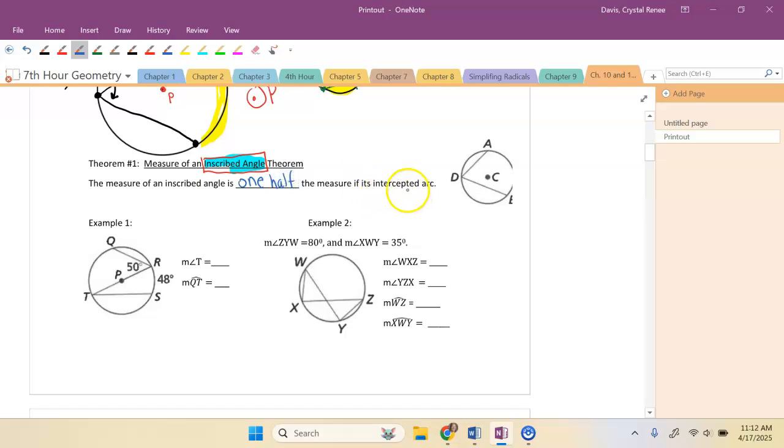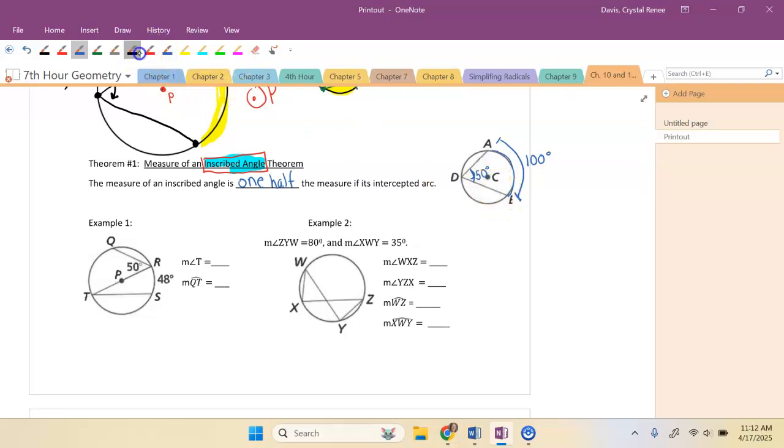So there's this 2-to-1 ratio. For example, to make things easy, let's say this intercepted arc is 100 degrees. So from here to here is 100 degrees. This angle is going to be half that, meaning that it is 50.